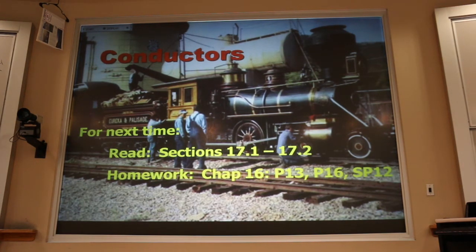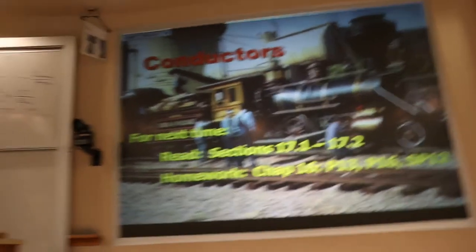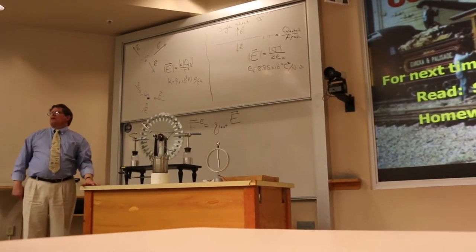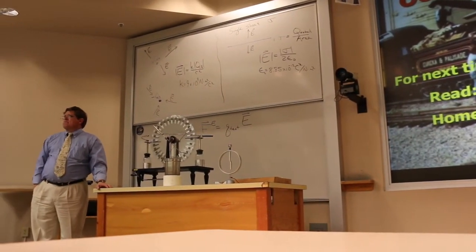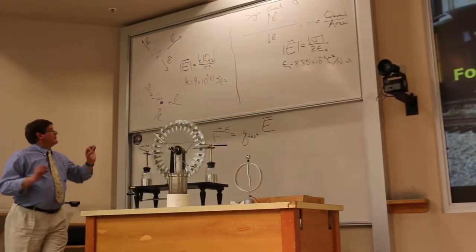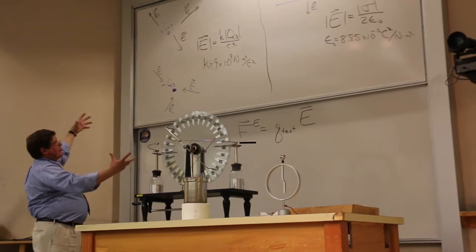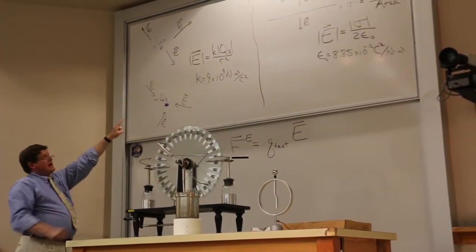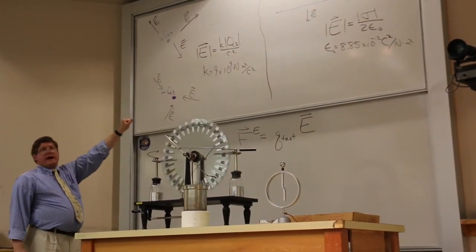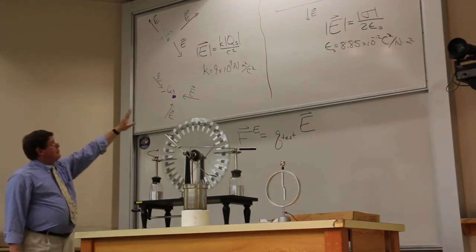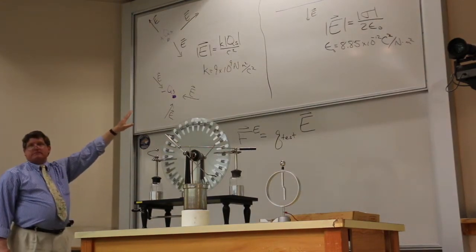If we have a point source, then the field is the force that would act if I had a +1 coulomb being pushed on it. That electric field is going to be away from the positive source and towards the negative source, and the magnitude will be given by Coulomb's law, kQ over r squared.